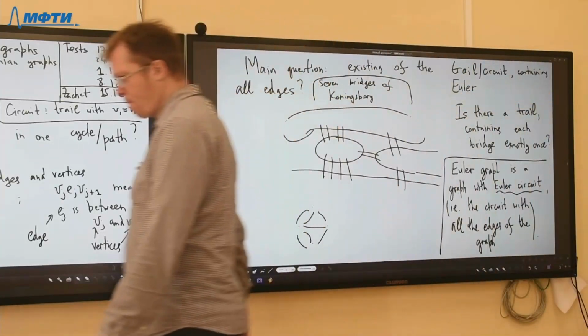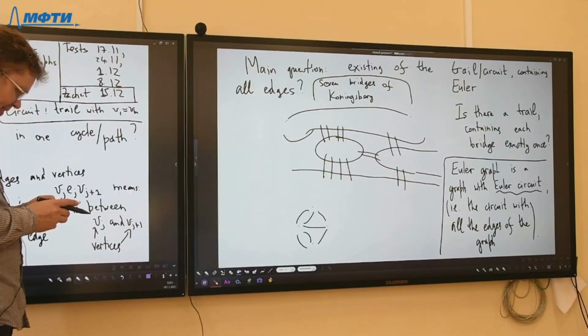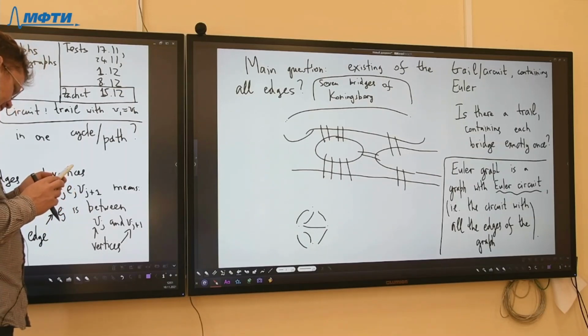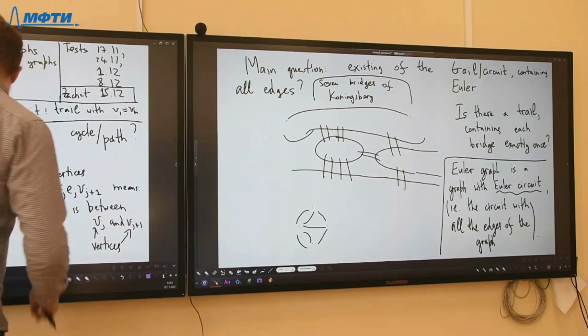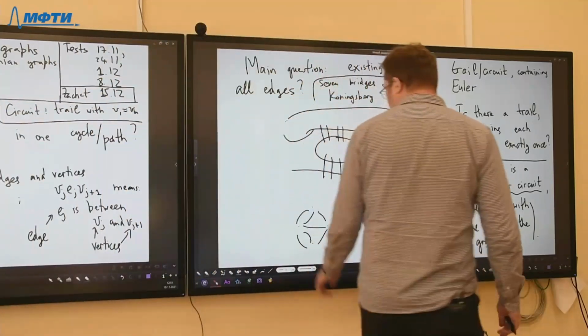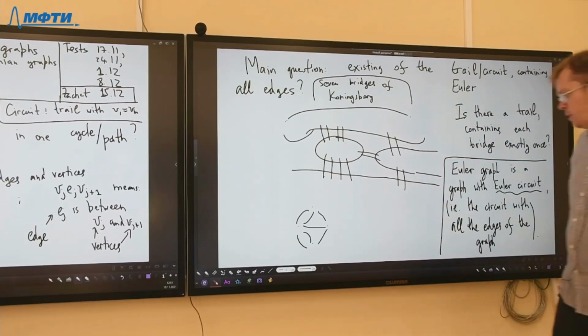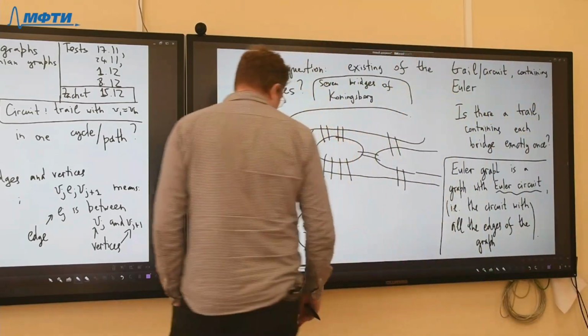I think no. Yeah, why is it so? Because we neither have an Euler circuit nor an Euler trail. This is not a big graph, so we can just try to write all possible trails and see that we are not likely to get one trail containing all the edges.